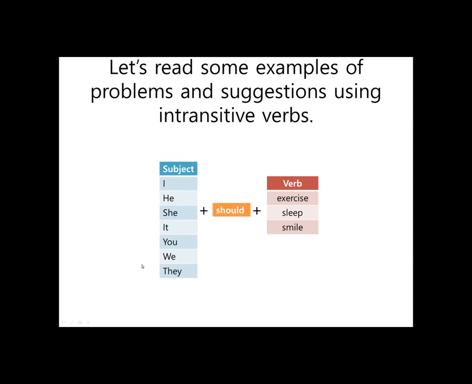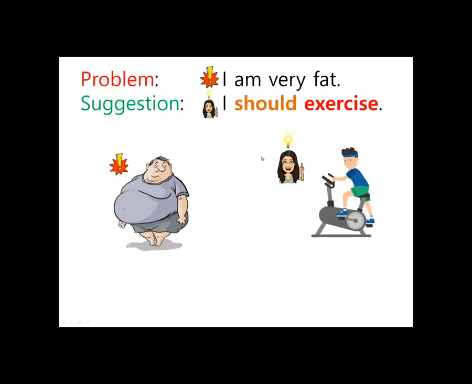To make these sentences, first we put our subject, that is who or what we are talking about. Then we put should, and then we put our action word, our verb, our intransitive verb goes here. So subject, then should, then verb.